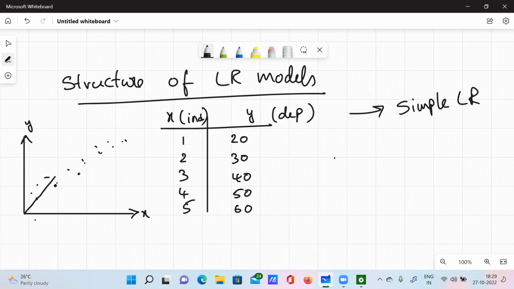And this would be our model, that is nothing but the best fit line. Let's imagine this. How can you write that best fit line mathematically? You can write it as y hat is equal to mx plus c.